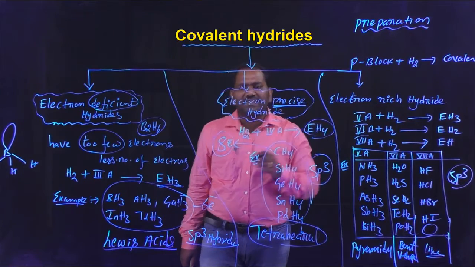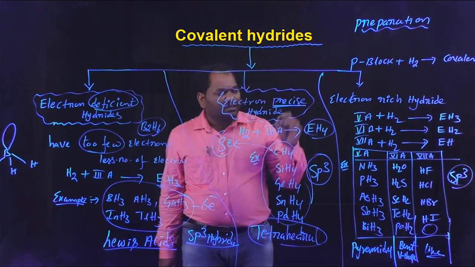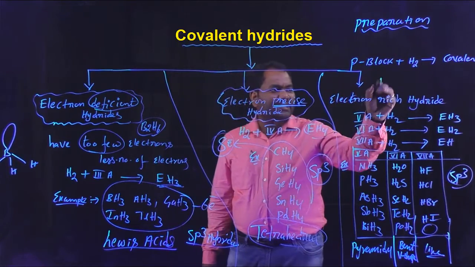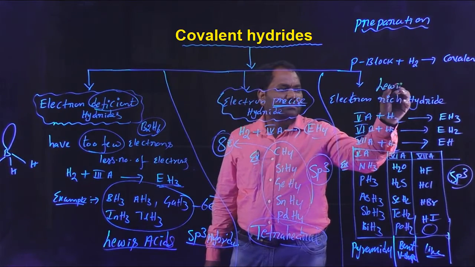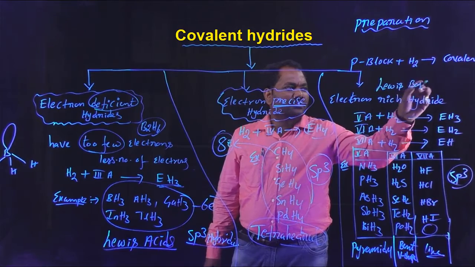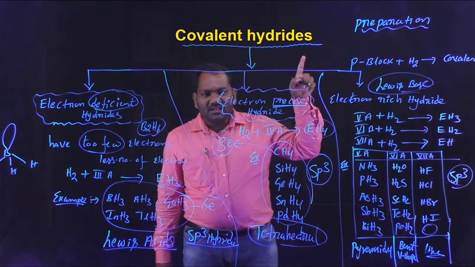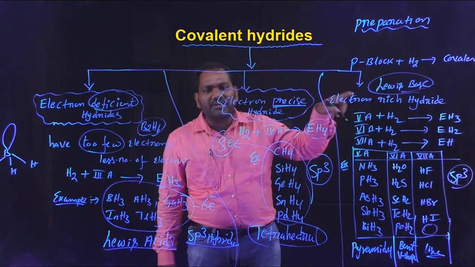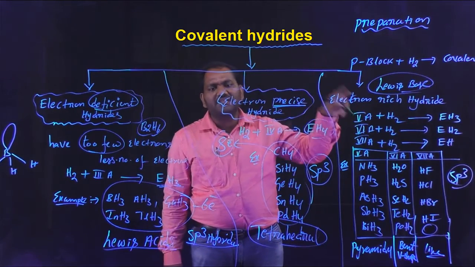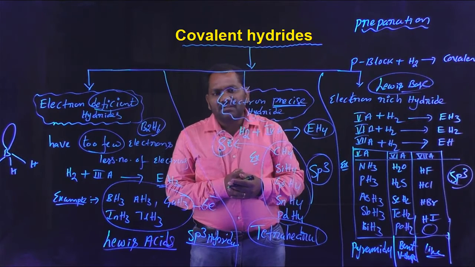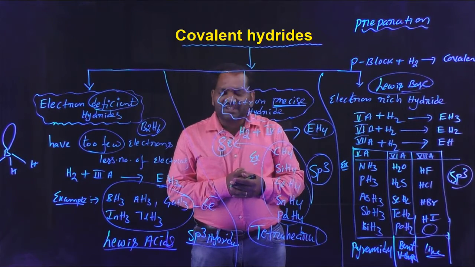Here what I am saying is that all these group elements act as Lewis bases. Why? Because the hydrides which have more electrons to write their canonical structures are called electron rich hydrides.